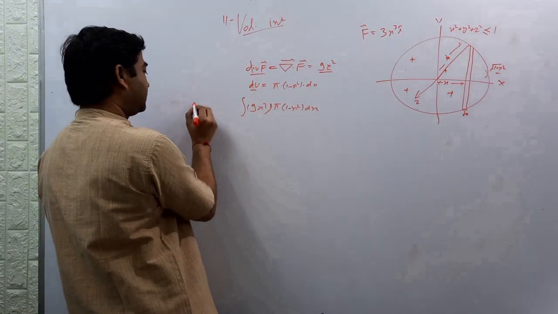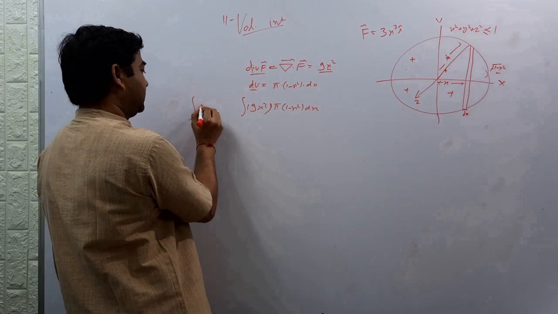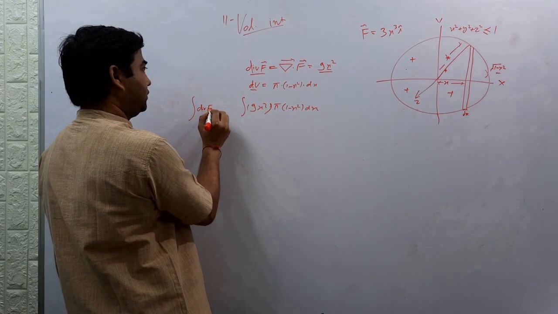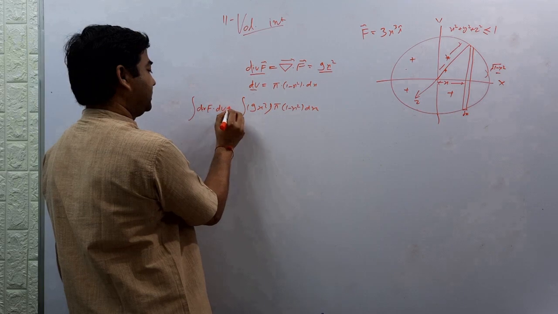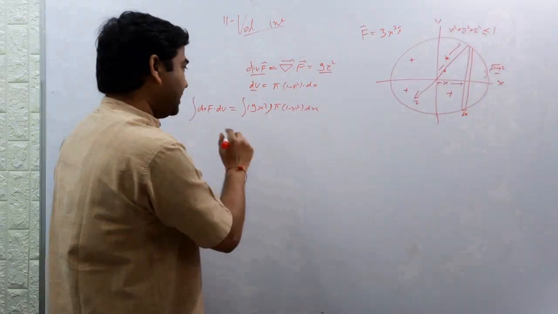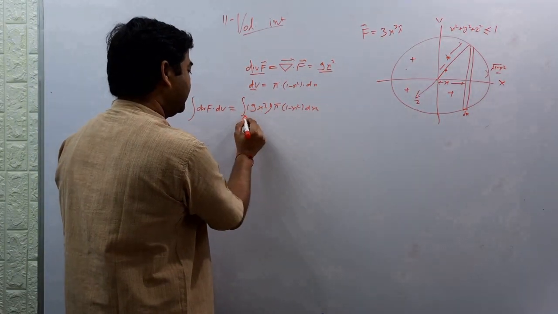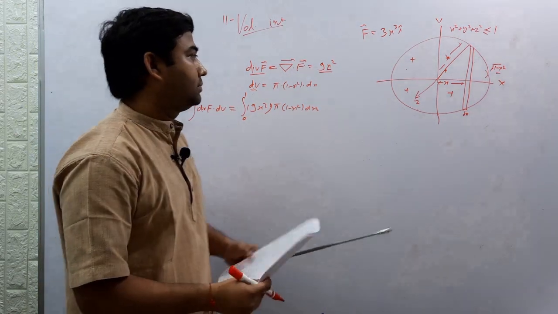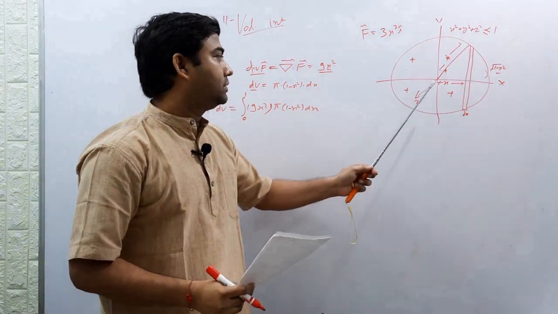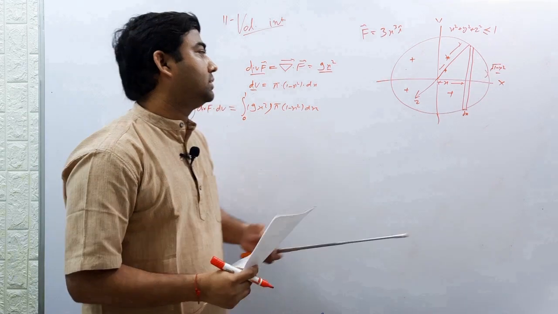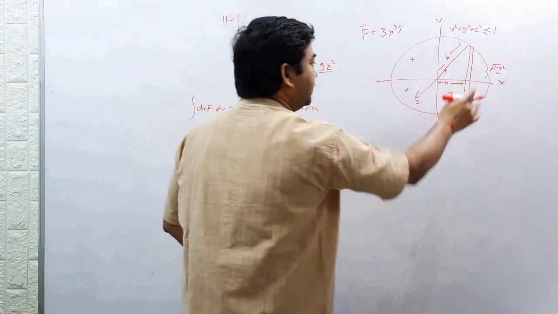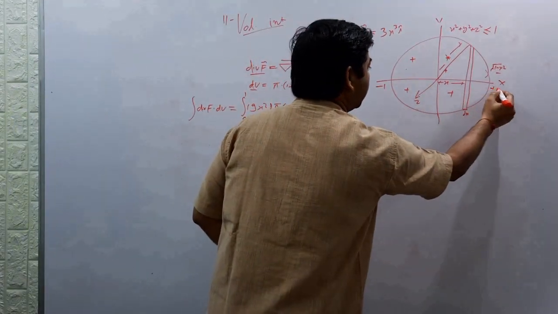This is the integration of divergence of f dV, and the value of x will change from minus 1 to plus 1 for the whole sphere.